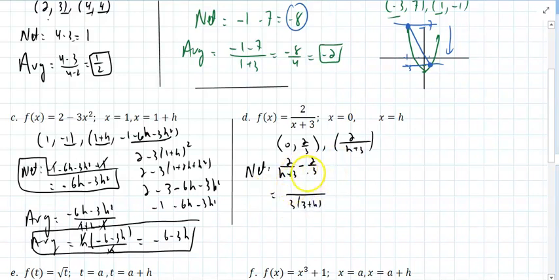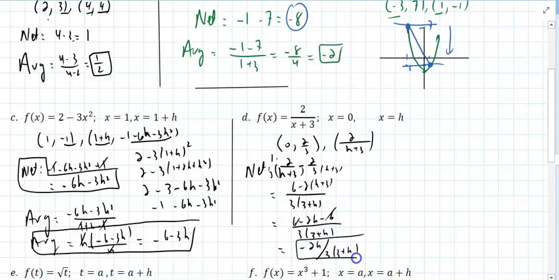Multiply this by 3 top and bottom, that's a 6, minus, multiply this by h plus 3 top and bottom, that would be 6 minus 2h minus 6 over 3 into 3 plus h. That would be negative 2h divided by 3 into 3 plus h.